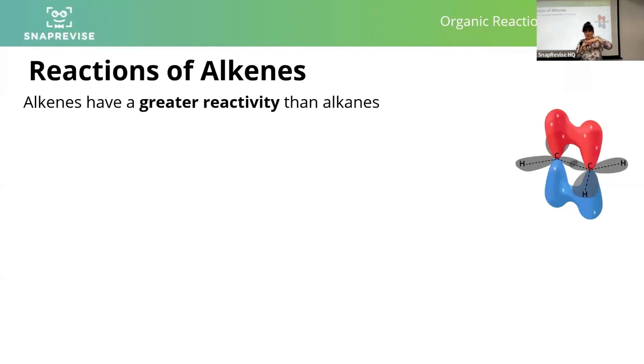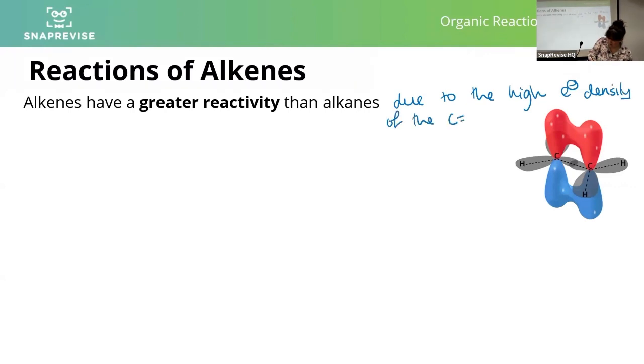That means the electron density is spread out and it's more accessible to electrophiles, things that are attracted to areas of high electron density. So this is due to the high electron density of the carbon-carbon double bond.